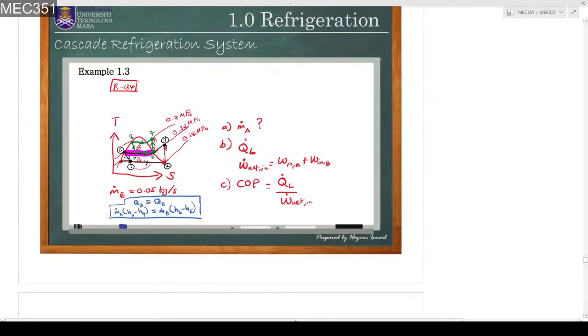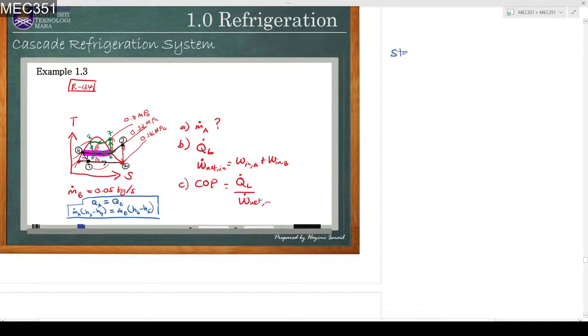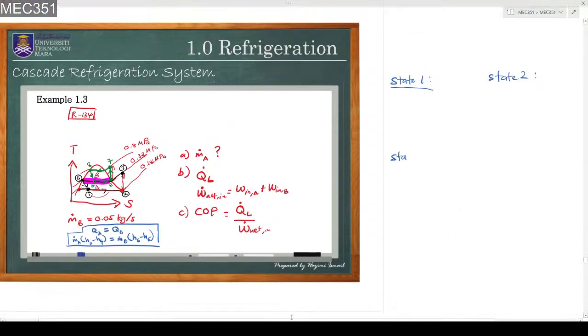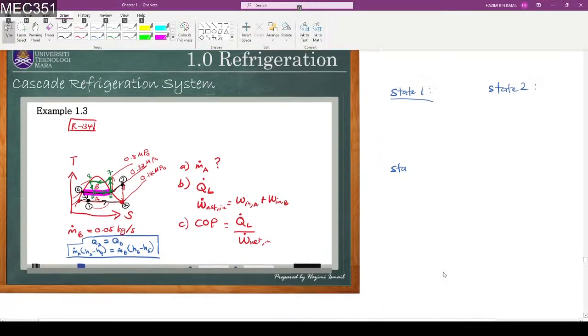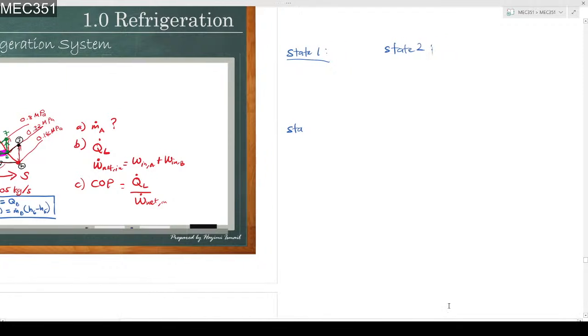Then as usual we have to find state 1, state 2, state 3, state 4, state 5, state 6, state 7, and finally state 8.